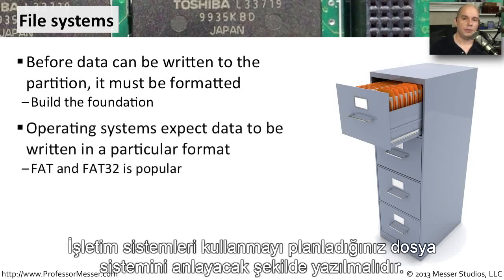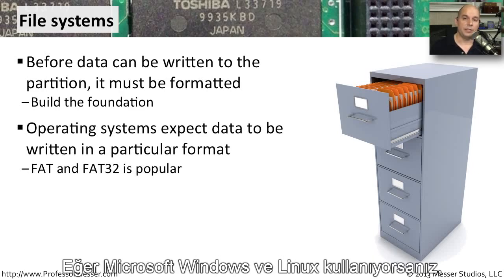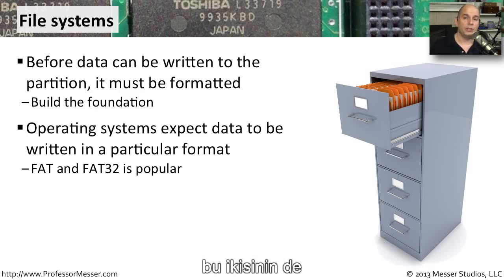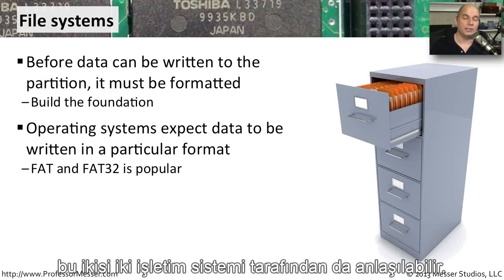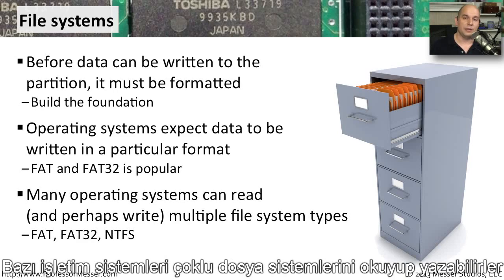Operating systems have to be written to understand the file system that you plan to use. If you're using something like Microsoft Windows and you're using Linux, you might want to choose a file system that is common to both of those. Things like FAT or FAT32 are file systems that both of those operating systems understand. Some operating systems can read and write multiple file system types.